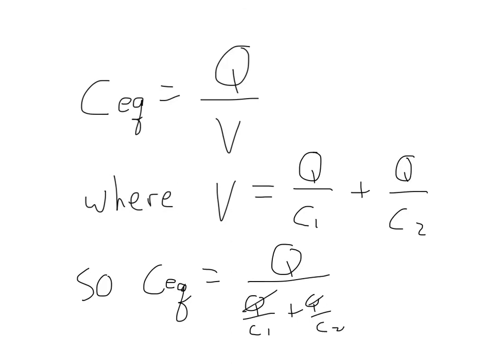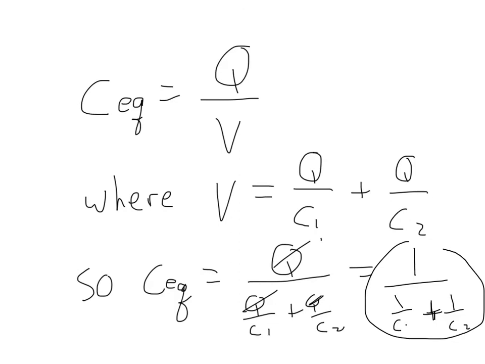The Q's are all going to cancel, and I get 1 over C1 plus 1 over C2. So this is the equation for the series capacitor, or any number of capacitors in series. You're going to take the inverse of each capacitance, add those together, and divide that sum by 1.